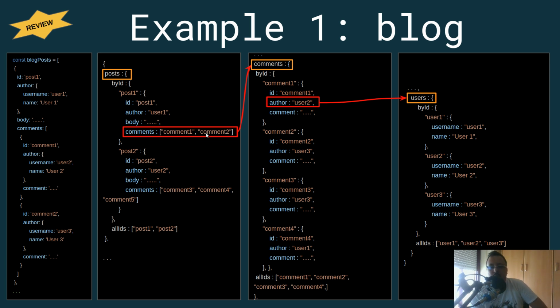If a user updates comment number 2 in another view, the components that are just rendering this part of the content don't need to change, because that user is updating the comment, not deleting it. So we still have this reference, but we just change it here. So we only update the views that are showing this comment, not the views that reference the posts. Okay, so that's what we gain.